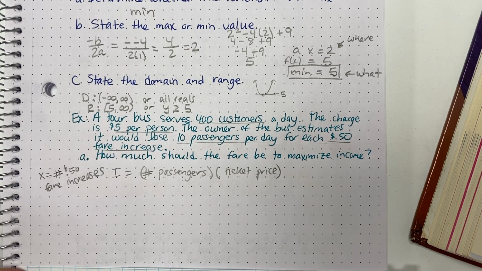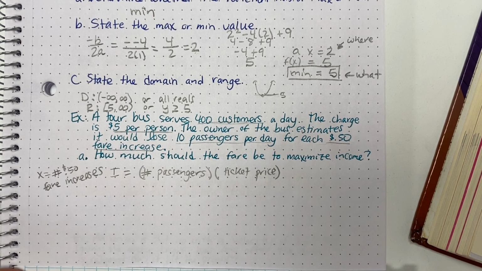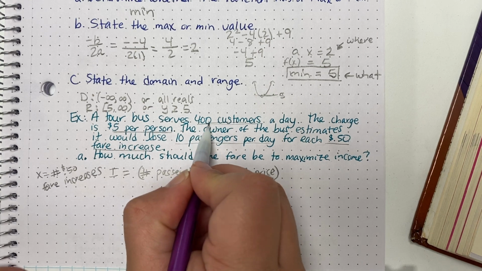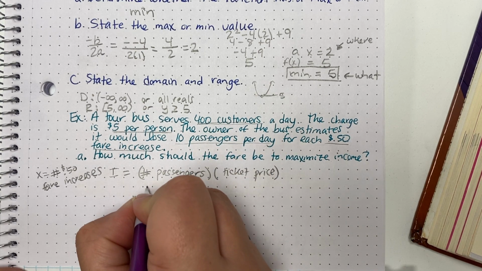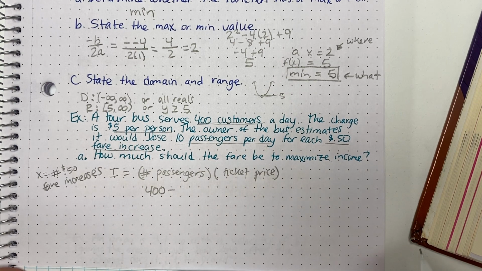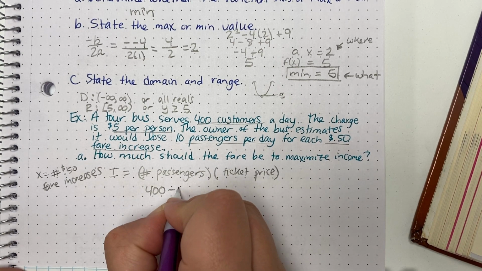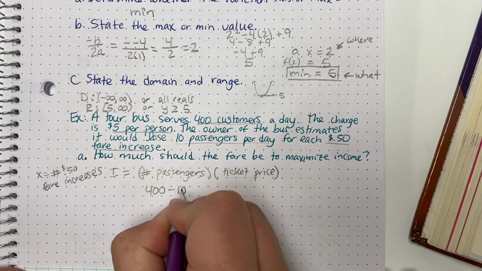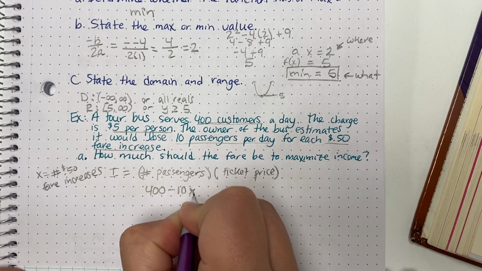Okay, so let's look at the number of passengers compared to the fare increases. It says that we have 400 passengers, and we would subtract 10 per fare increase.